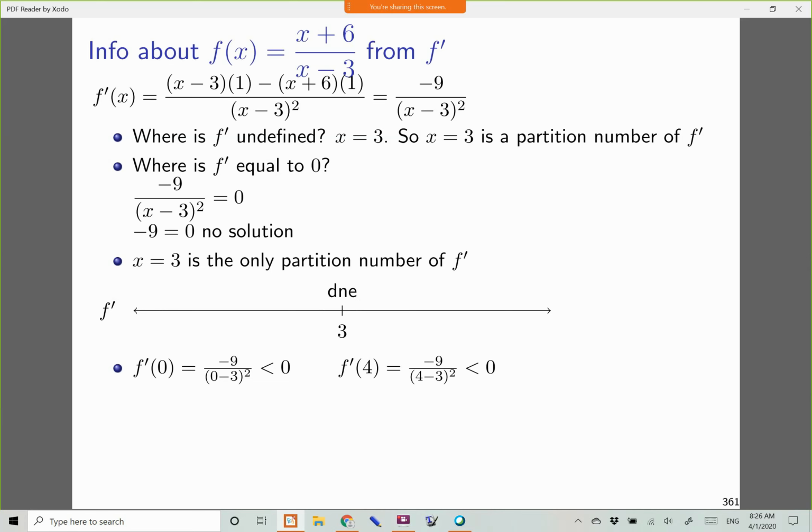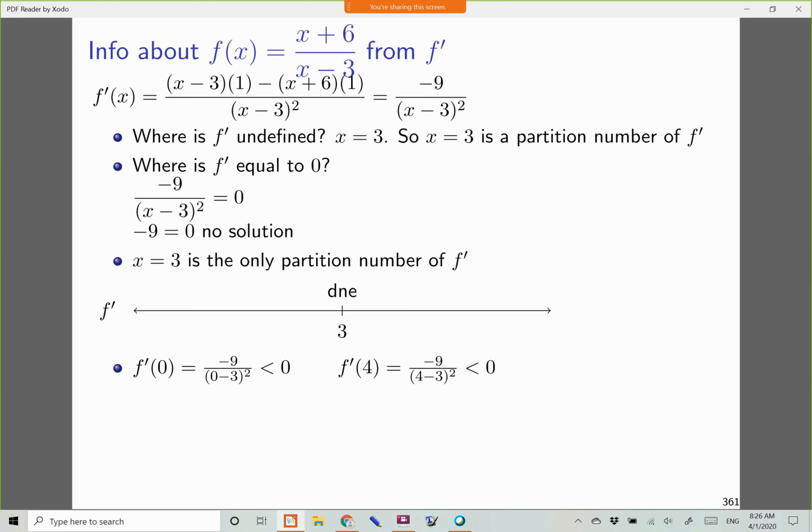So take a look. I plugged into this kind of cleaned up version of f prime that's up there. Make sure everybody's happy with what you see, that both are negative. Both f prime values are less than 0. Because look, the denominator is something squared, so the denominator part's always positive.